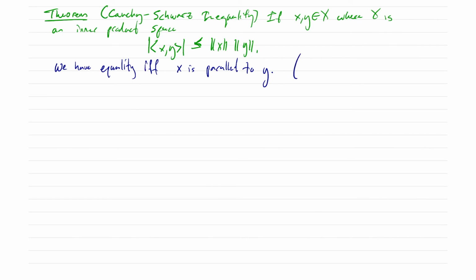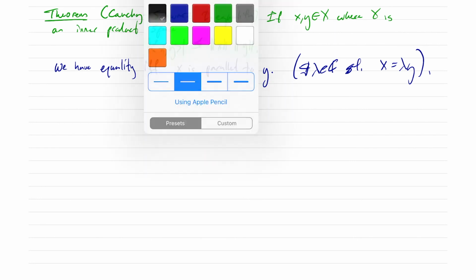That is, there exists some scalar lambda in C such that x is equal to lambda y, and then that would end up giving us equality.